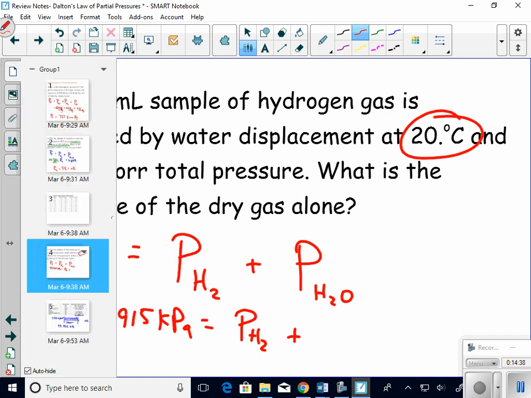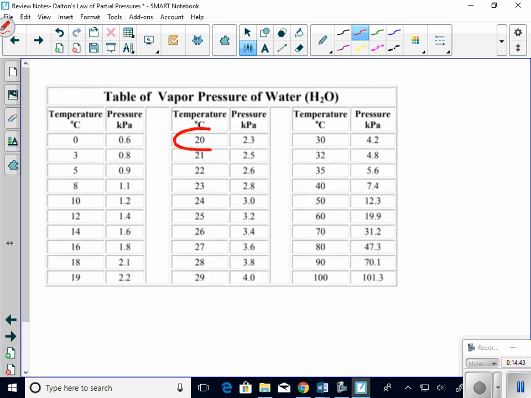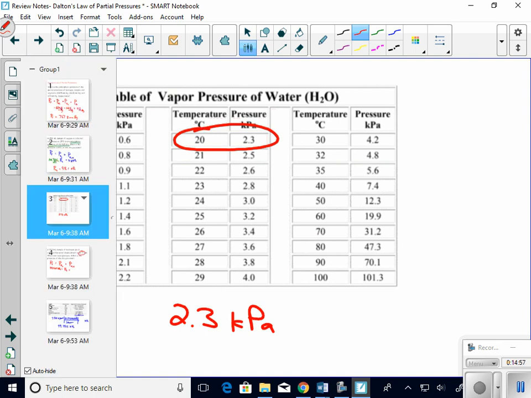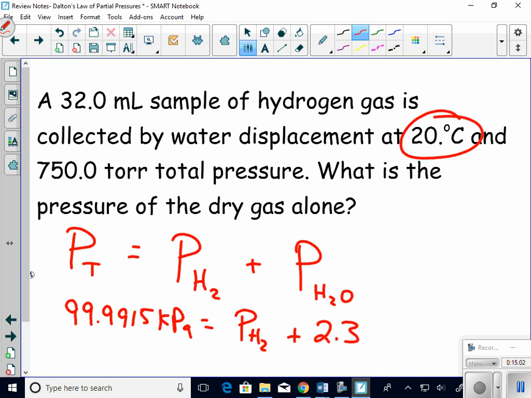So when I switch back over to my chart, I find 20 degrees Celsius, and that is 2.3 kilopascals. I read my chart for 20 degrees Celsius. So when I bring it back to my problem, I have 2.3 kilopascals.